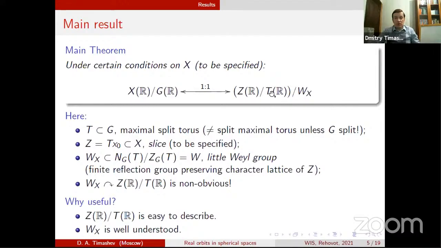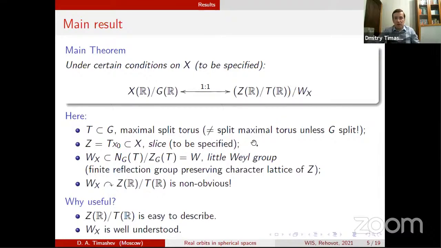If you are given a T orbit, given explicitly by its character lattice, and if you want to consider its real points and the action of the real part of T on these points, then the orbits are very easy to describe in terms of these two lattices, the character lattice of T and the character lattice of Z. So I won't elaborate on this much because it is indeed easy.